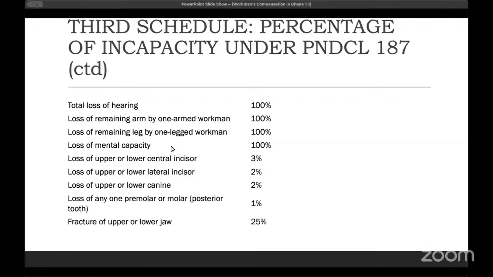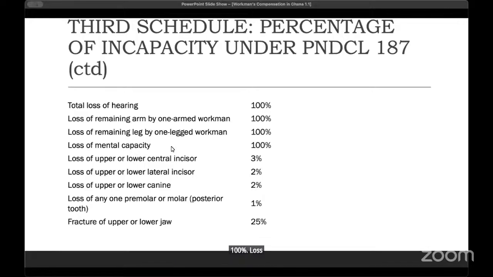Total loss of hearing is 100%. Loss of remaining arm by one-armed workman, 100%. Loss of remaining leg by one-legged man is 100%.